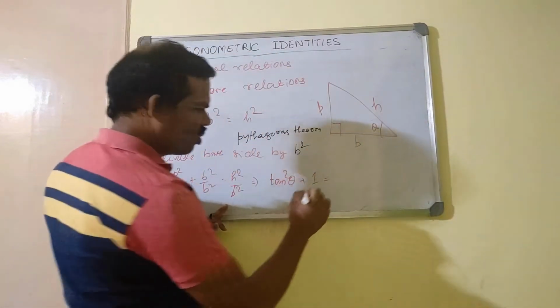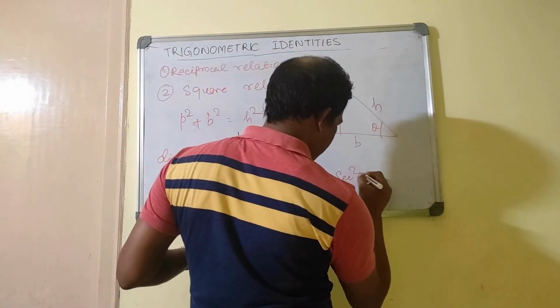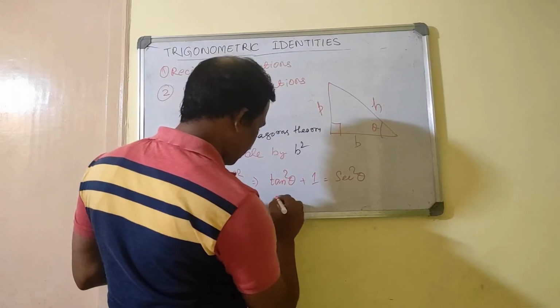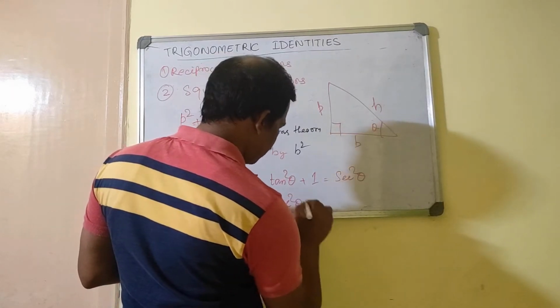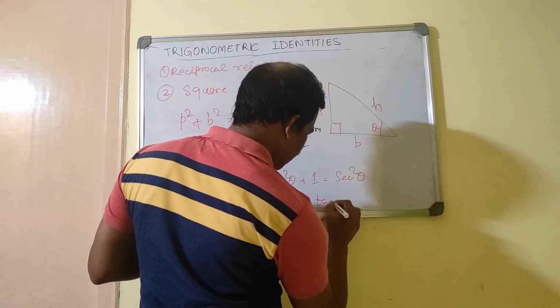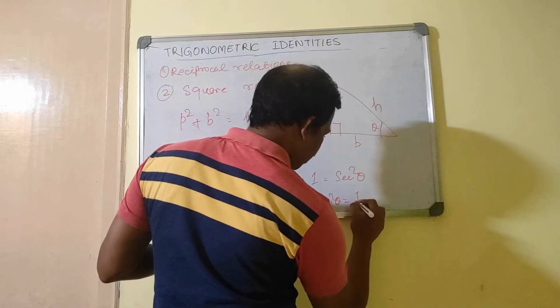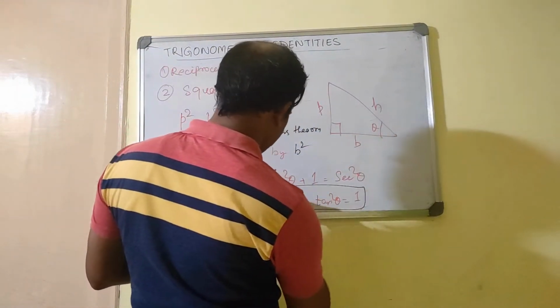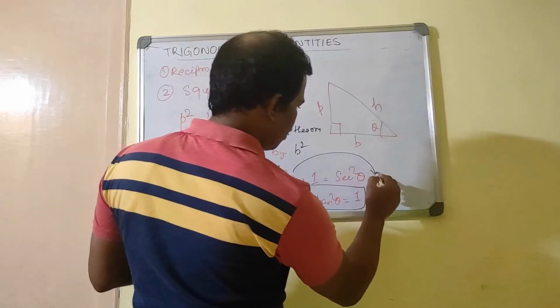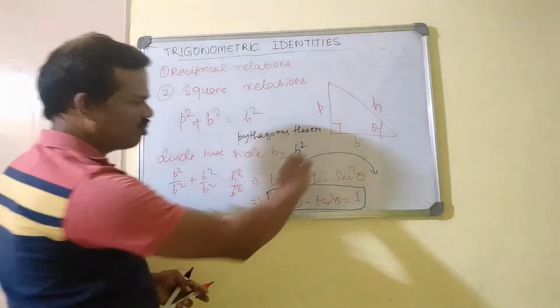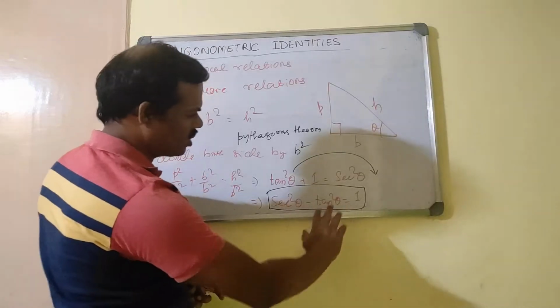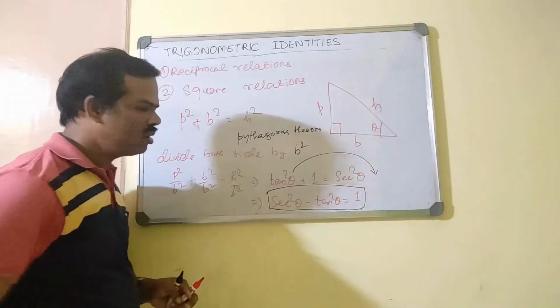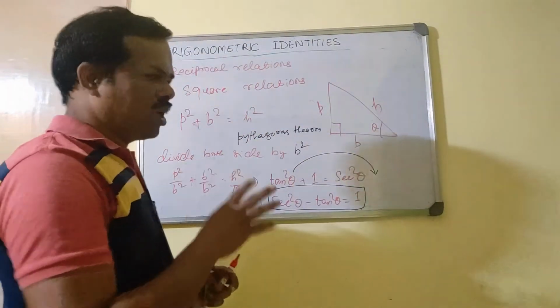H by b is your sec square theta. Therefore you can write sec square theta minus tan square theta becomes 1. The tan square theta I just moved to the other side, so it becomes negative. Sec square theta minus tan square theta is equal to 1. This will be the third type of square relationship.